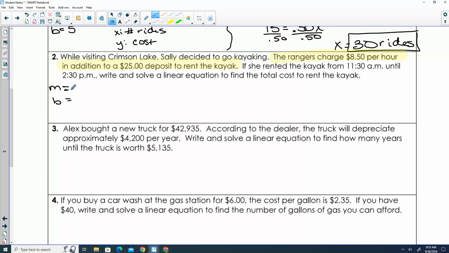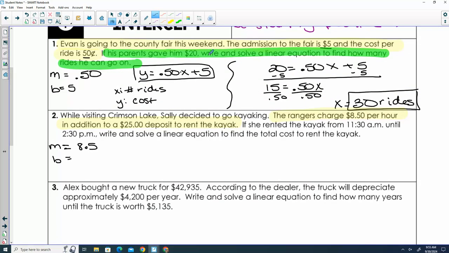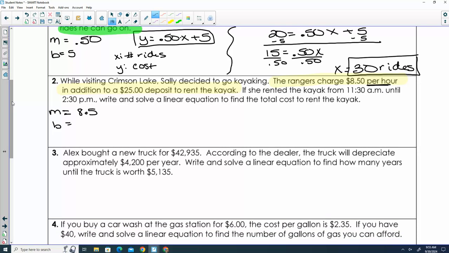What does she have to pay more than once? You notice these units kind of tell you something. It tells you $8.50 per hour. A lot of times the slope will be something per something because it's a rate of change. What is the one-time thing she pays? The $25. So y equals mx plus b: y equals 8.5, or 8.50 if you include the 0, either way, x plus b, which is 25.